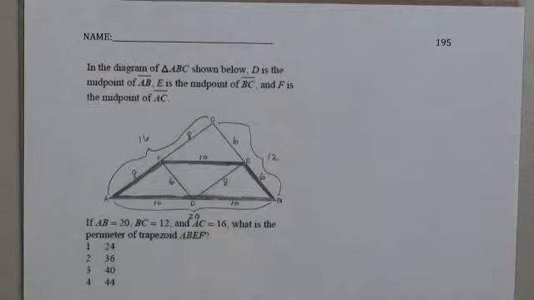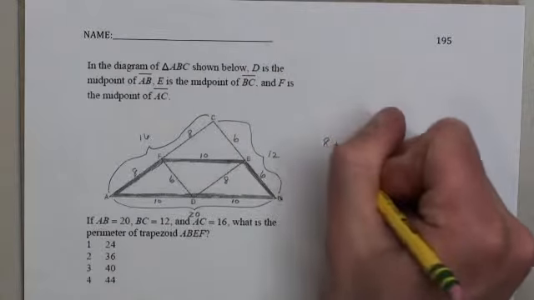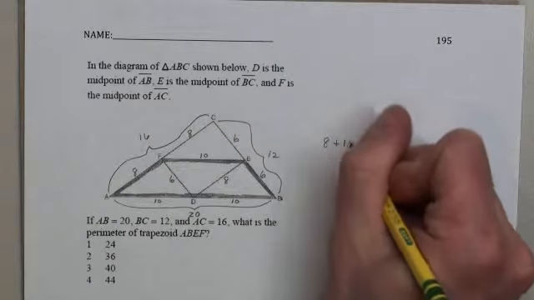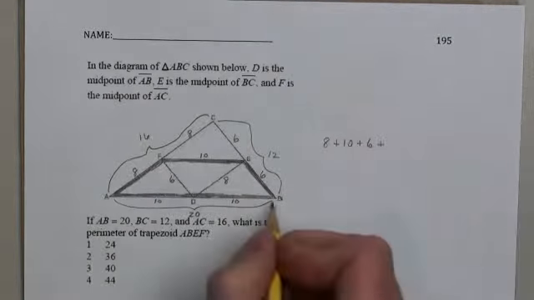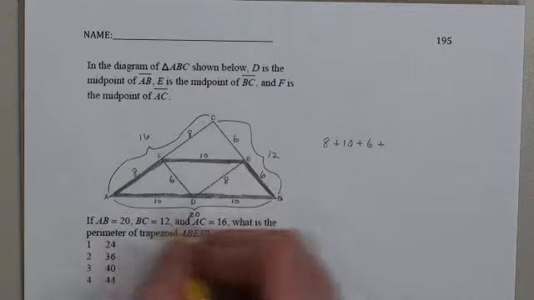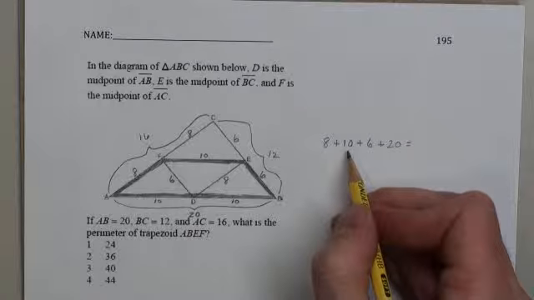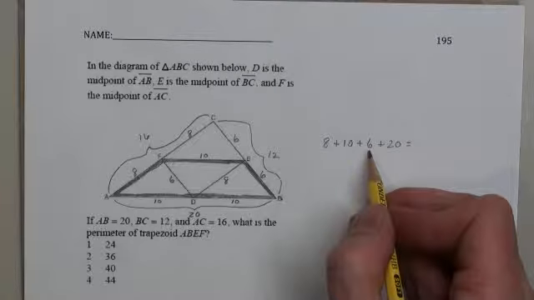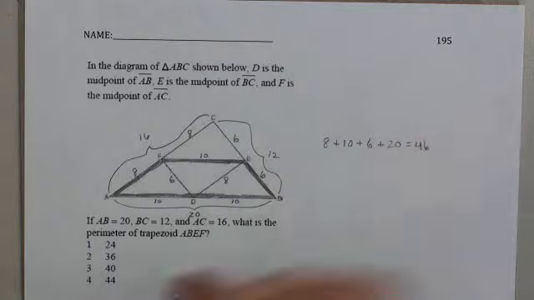So they want to know the perimeter of that figure. Well, we just add up all the sides. 8 plus 10 plus 6 plus, and then this whole side is 20. So 8 and 10 is 18. 18 plus 6 is 24, and 24 plus 20 is 46, which is not a choice.